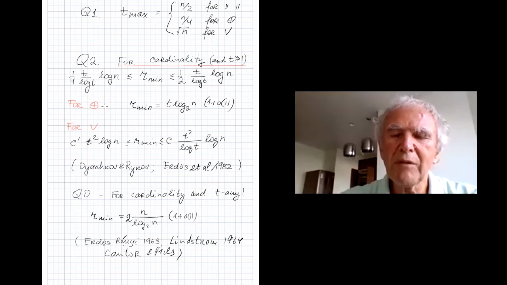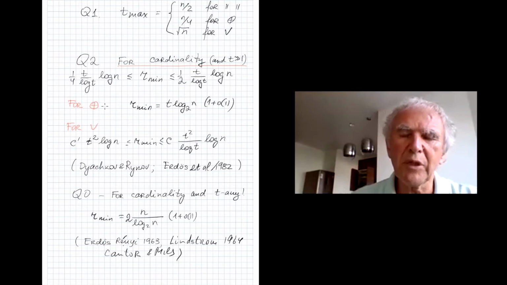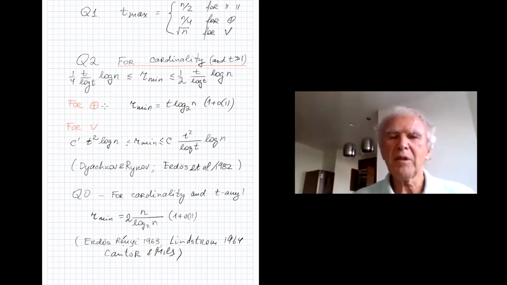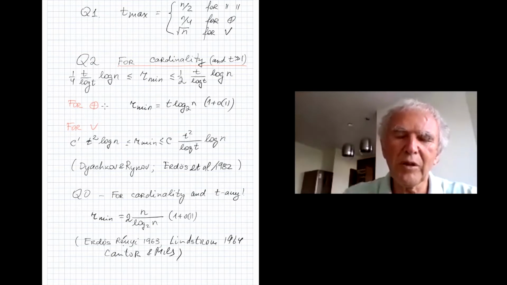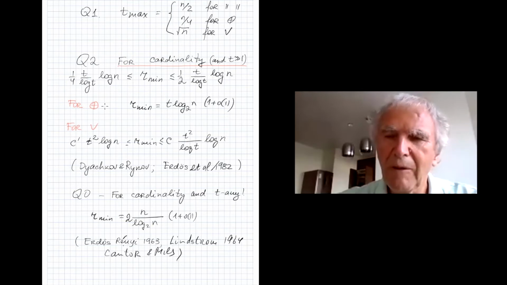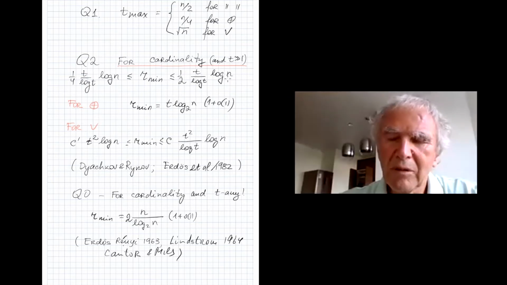For the case when we have the full information, when we know the cardinality, the answer behaves in the following way. It's better than knowledge modulo 2, but not significantly better. Only by a factor of log T, usually binary log, except when I use natural log.